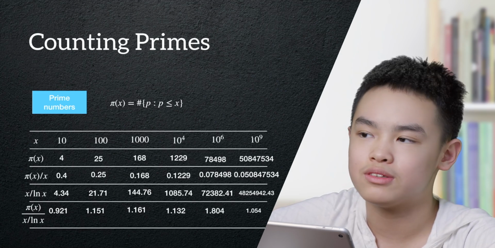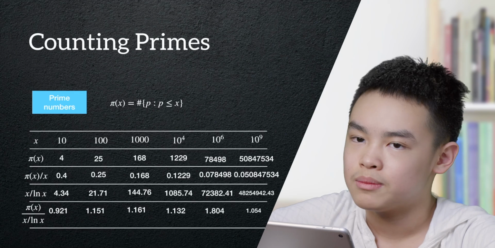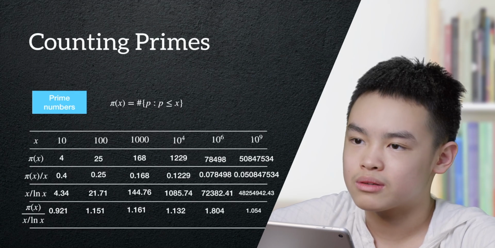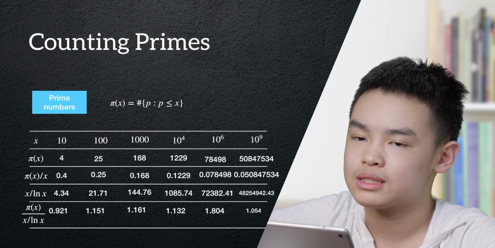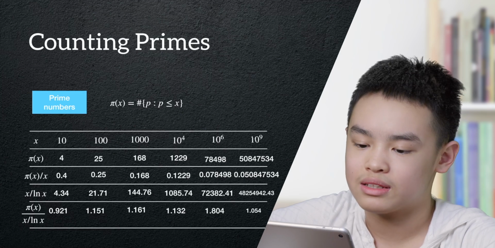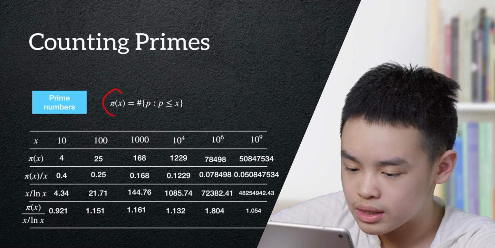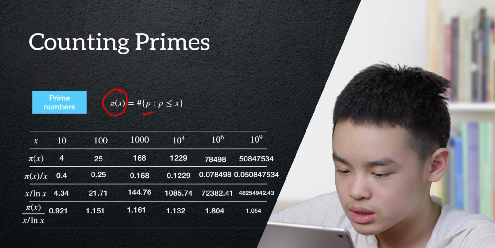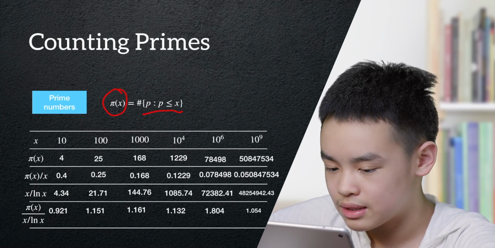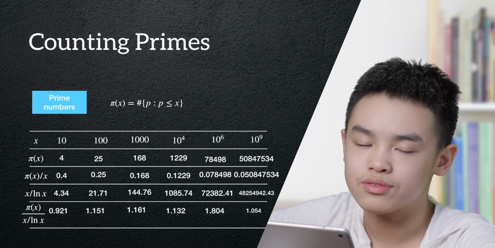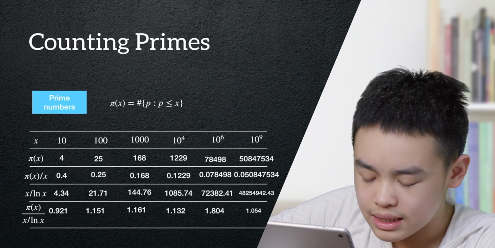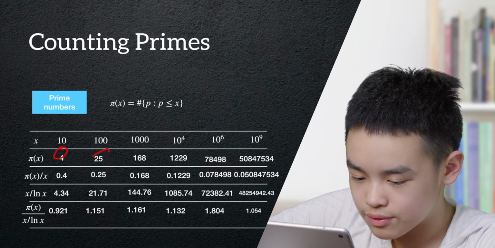It had absolutely no relation. We just put a Greek letter to represent it, and that's it. So we're going to create a list pi(x), which is the number of primes between 1 and x inclusive. When x is 10, there are 4 primes, and for 100, there are 25 primes.